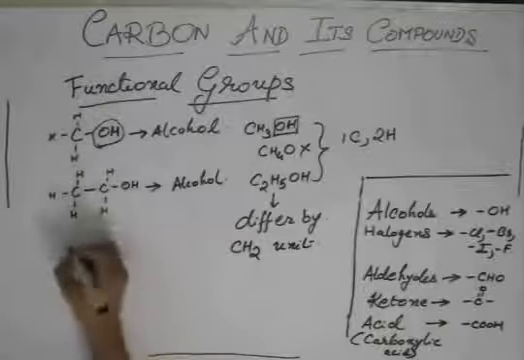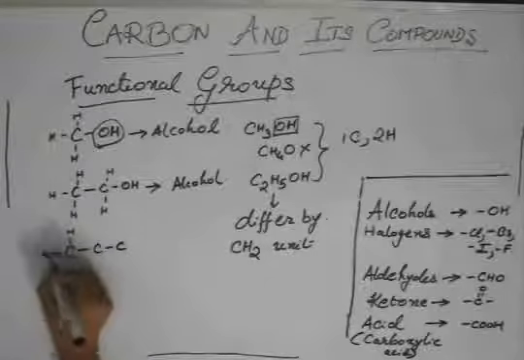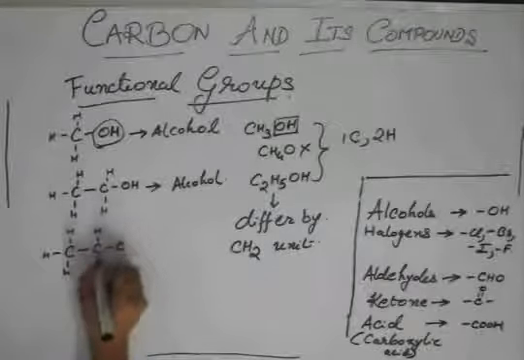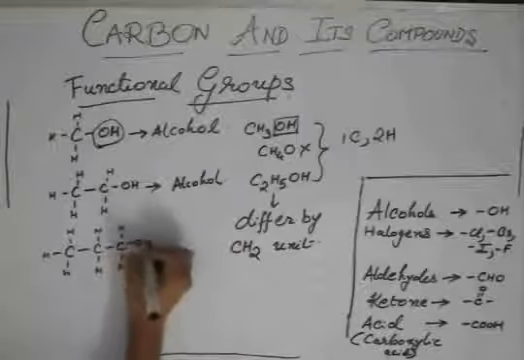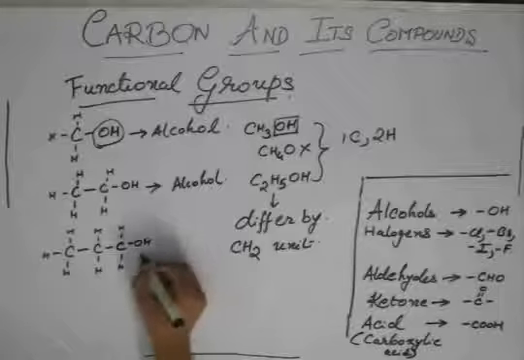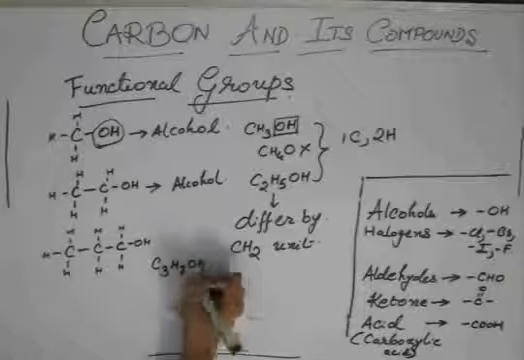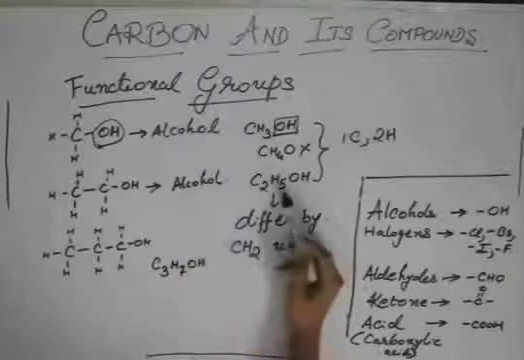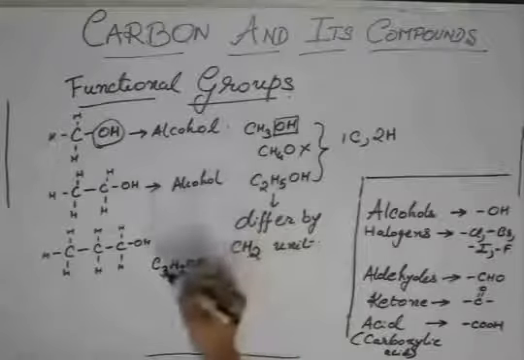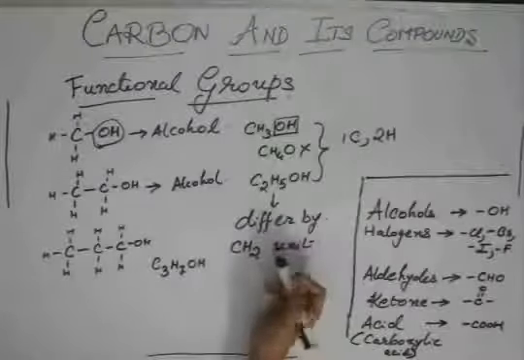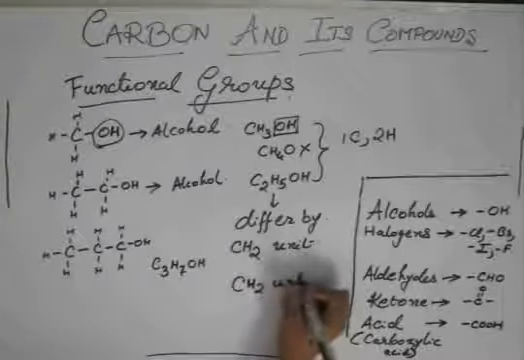Now if we take the next alcohol, this formula is C3H7OH. Now you'll see that C2H5OH and C3H7OH again differ by one carbon and two hydrogens. So they again differ by a CH2 unit.